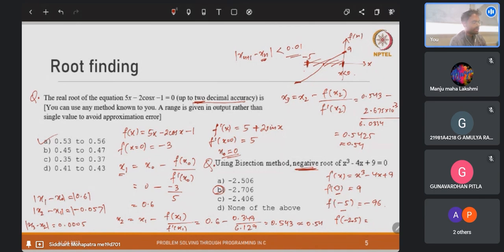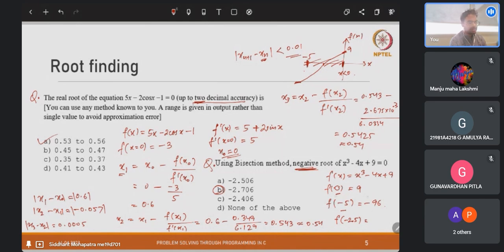Sometimes for the initial conditions you have to just try around a few values, do some trial and error and check where the function becomes positive or negative. You need to try out some values in order to check that. Here I tried out a few values and got that at minus 5 the functional value is negative.